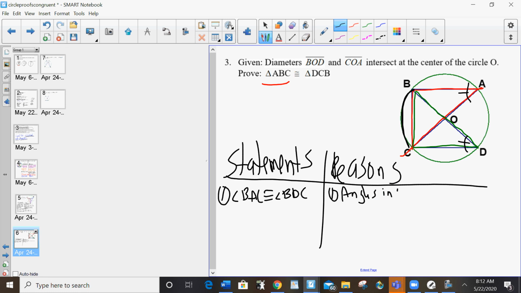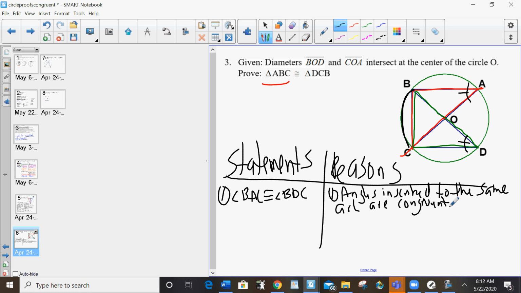Angles inscribed to the same arc are congruent.